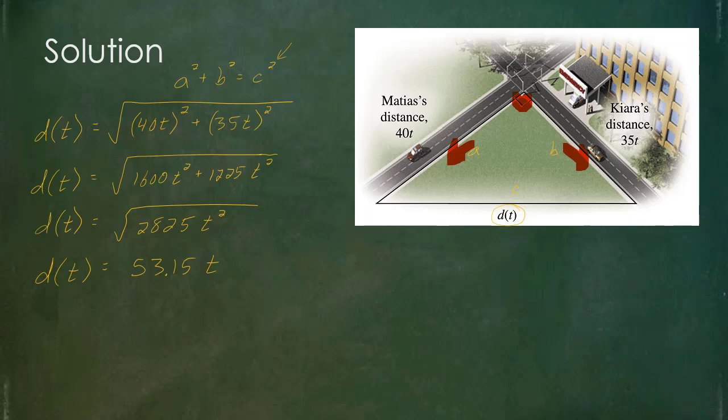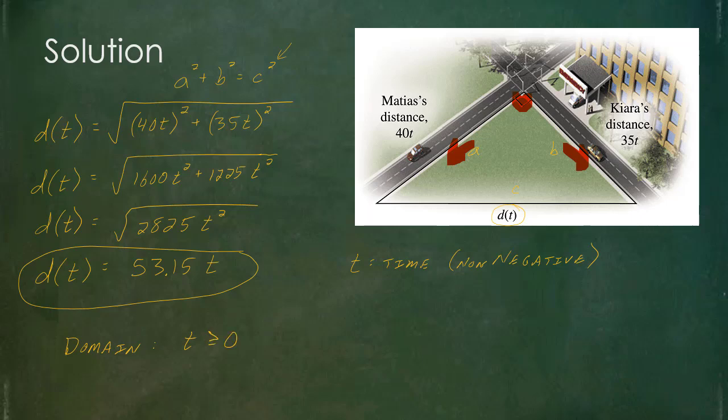But in this context, as far as what do I know about t? Well, t is representing time, and it seems to me that time cannot be negative, because I can't go backwards in time. And what I'm really doing right here is the second part of this problem, which is identifying the domain. So I've got my function for the distance that their two cars are away from each other, but when it comes to the domain, I can't have time be negative, so I know that t must be greater than or equal to 0.